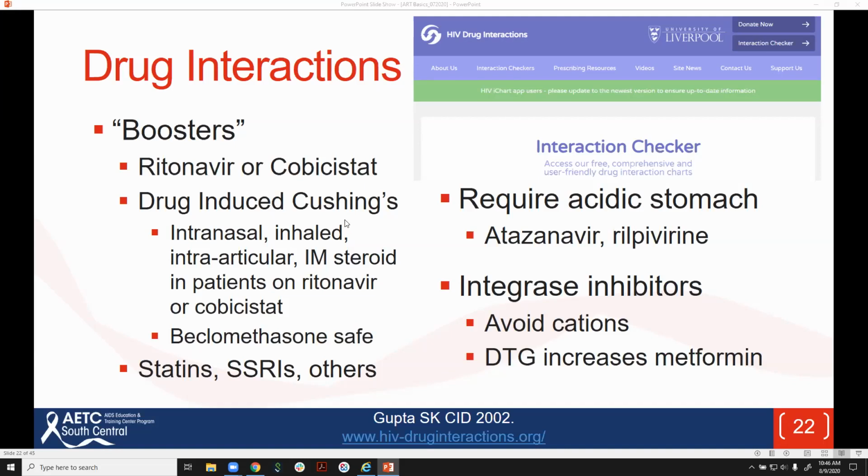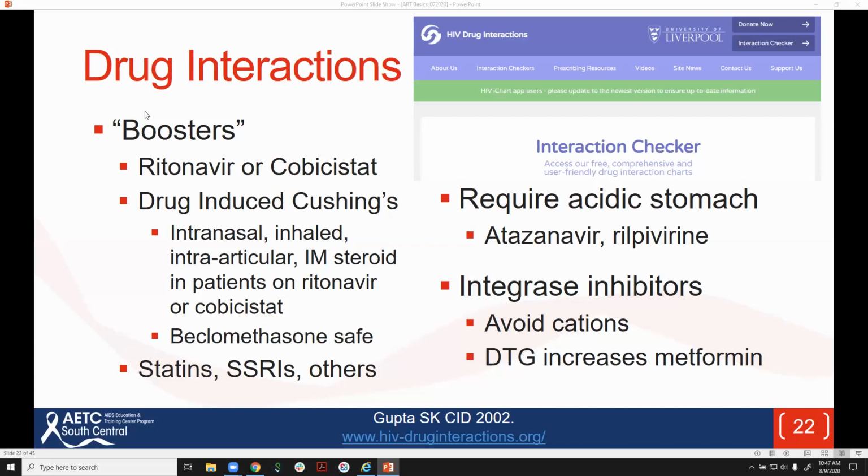We see that most strikingly with drug-induced Cushing's. Someone you would not think would have a lot of systemic absorption of an intranasal or an inhaled or intra-articular steroid injection, but because the metabolism is so slowed down and reduced, a patient can develop Cushing's or too much steroid in their system and can have complications, including weight gain, glucose intolerance, among other things. So that's a very key issue with the boosters.